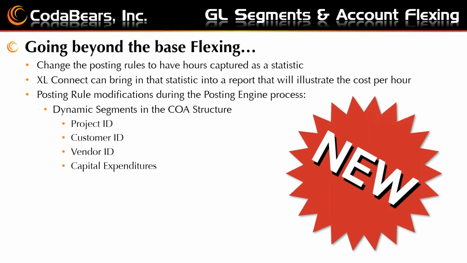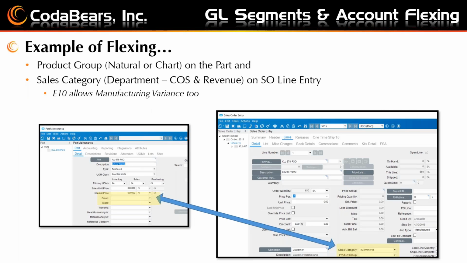So on the sales order line, the product group from the part populates the product group on that sales order line. We can make the sales category, if you're using this, a drop down that's available to the user, or we can start with a customer master, and we can link that to a customer group.